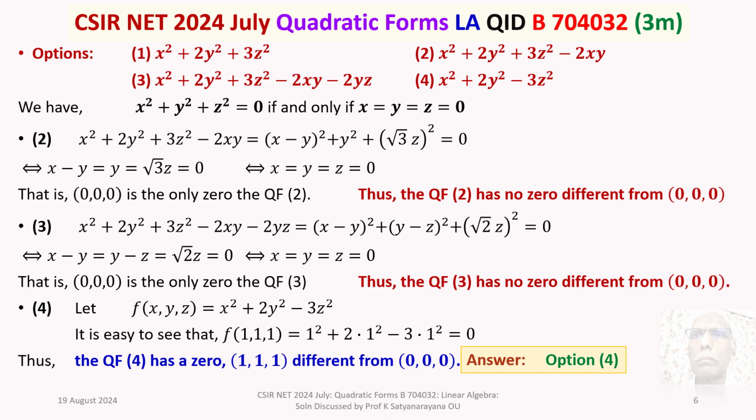And through eigenvalues also you can do it. While doing it, you may see that for options 1, 2, 3, the symmetric matrix associated with these quadratic forms is a positive definite matrix, and thereby the quadratic form will be a positive definite quadratic form, and then it is 0 if and only if (0, 0, 0), which is the only zero of the quadratic form.